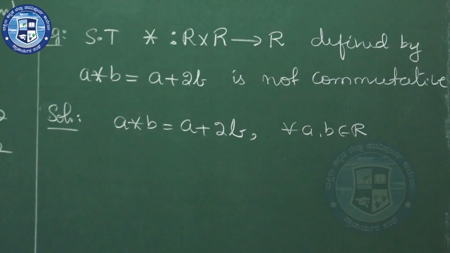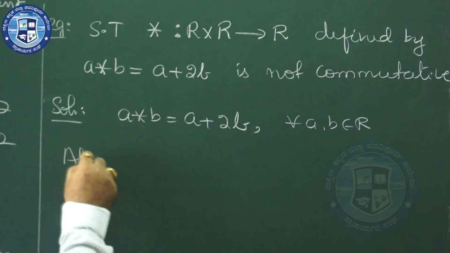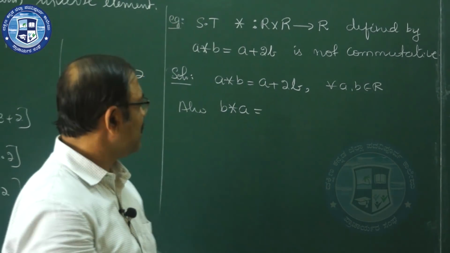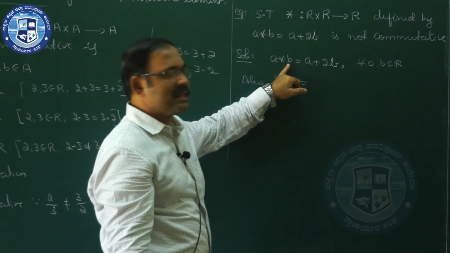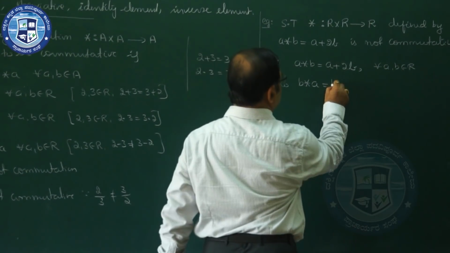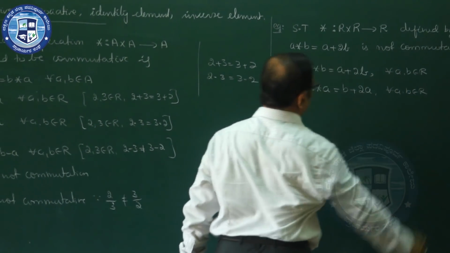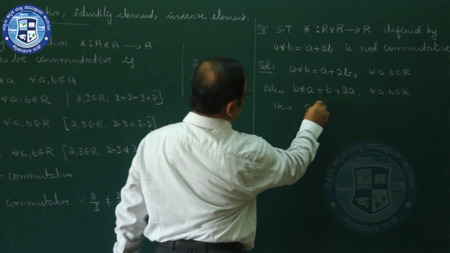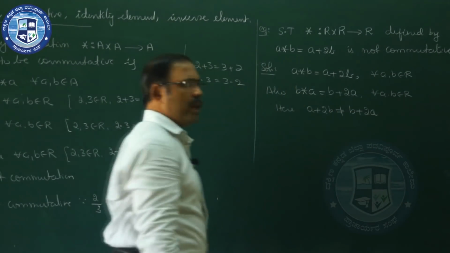Now for commutative, A star B must be equal to what? B star A. So let us also write what B star A is by using this. I said A star B, A is first, B is second, A plus 2B. Now B star A is nothing but B plus 2A for all A, B belonging to R. Now here A plus 2B is not equal to B plus 2A.